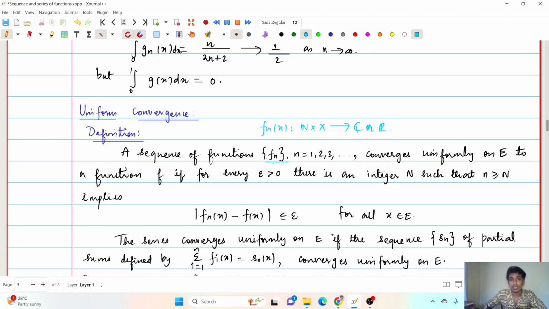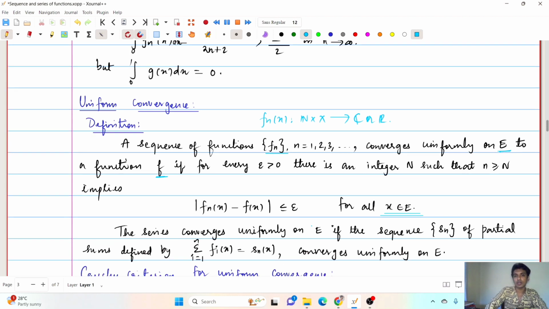We say a sequence of functions converges uniformly on E to a function f if for every epsilon positive there is an integer N such that absolute of fn of x minus f of x is less than or equal to epsilon for all x in E. We now closely explore uniform convergence of a sequence, and the convergence for series follows immediately.